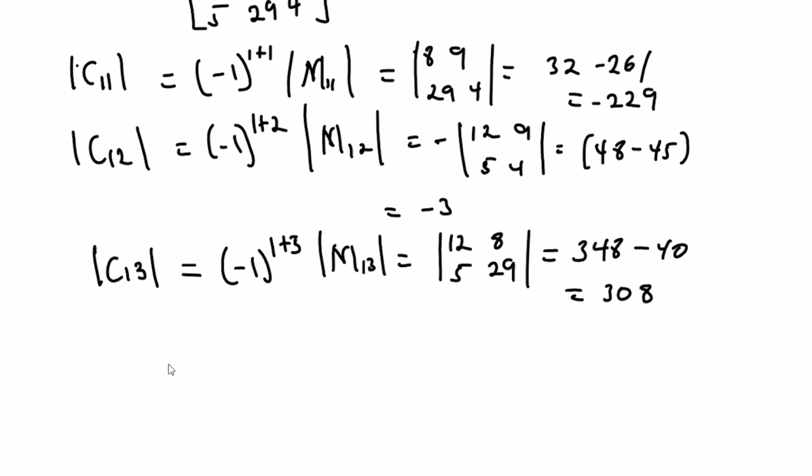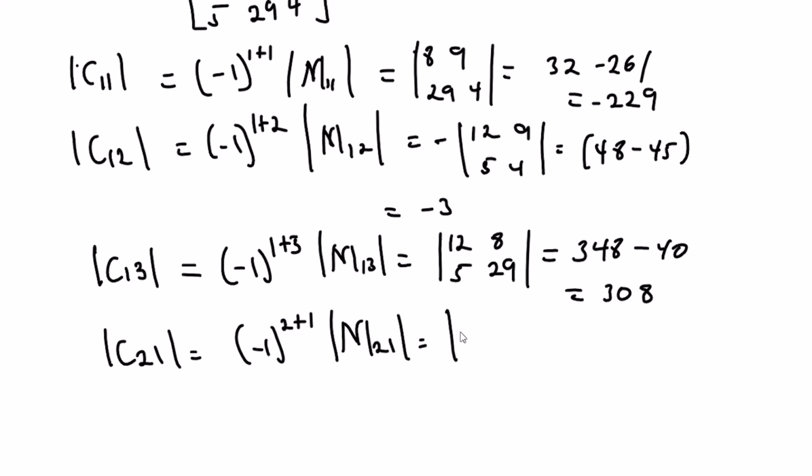Now the next one, we are moving on to row 2 column 1. So you have negative 1 exponent 2 plus 1. Definitely this is going to give us a negative result. So we have the determinant here, 2 5, 29 4.